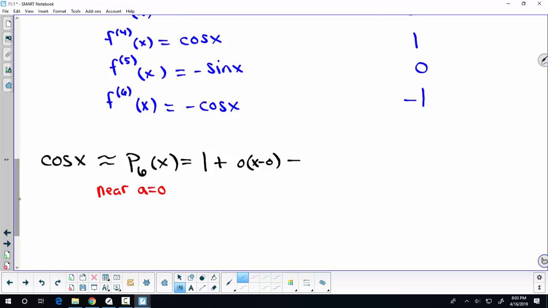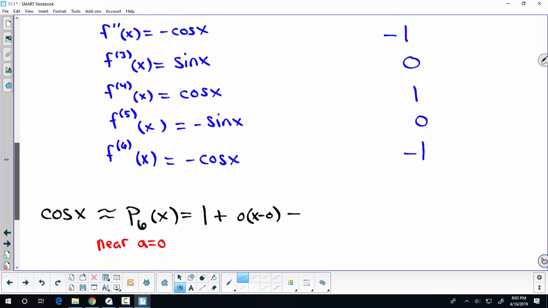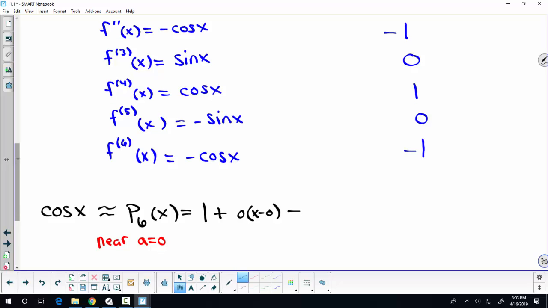Third term from the second derivative, sorry, always consider minus x squared over 2 factorial, coming from the second derivative. Next term is 0 from the third derivative.